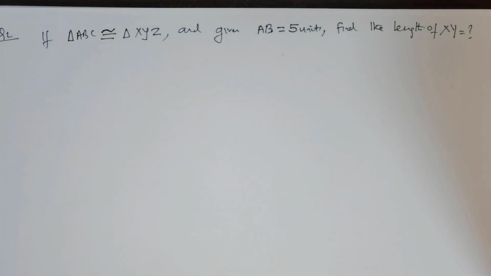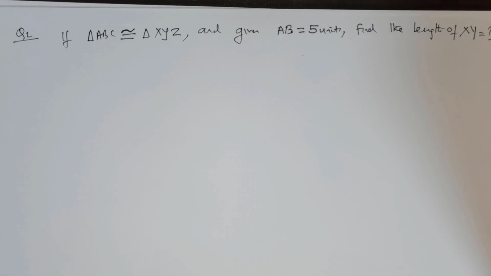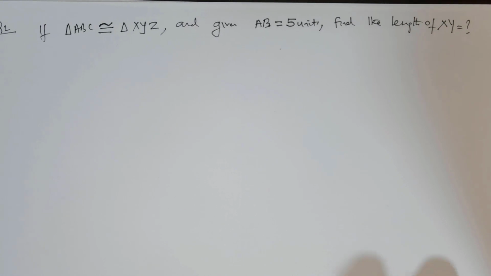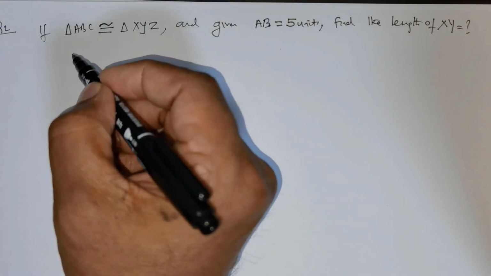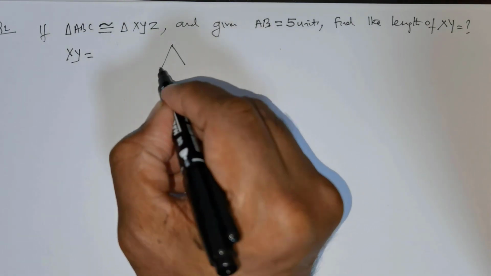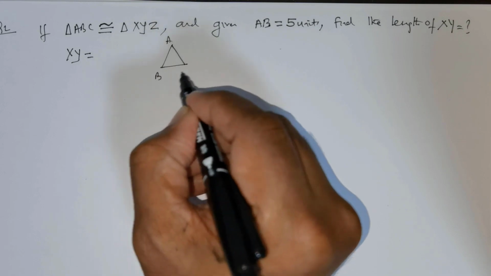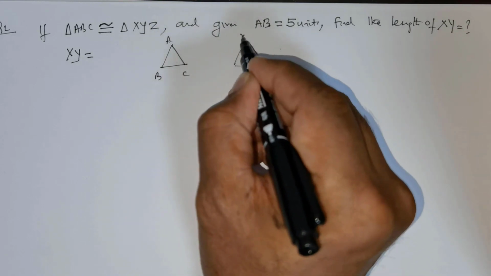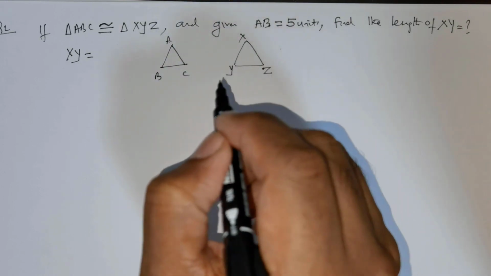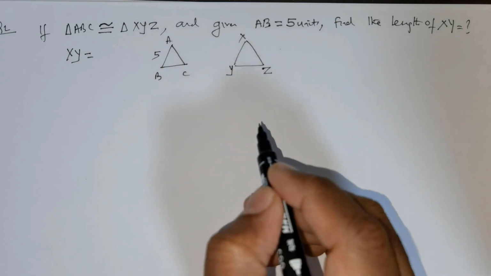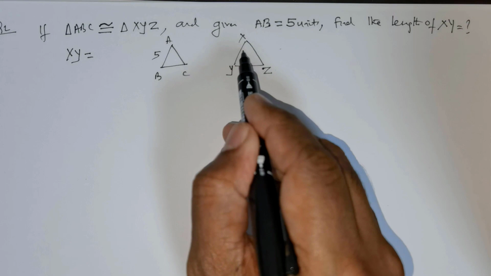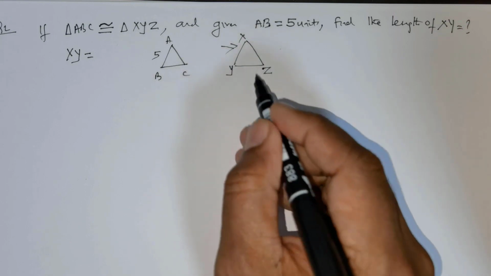What can you say about XY? So this is what the question is, right? So what would the solution be? What would XY be? Say for example, you have this triangle A, B, C, and you got X, Y, Z. We've been given AB is 5 and both the triangles are congruent. We are asked to find what is XY. We need to know what is XY.